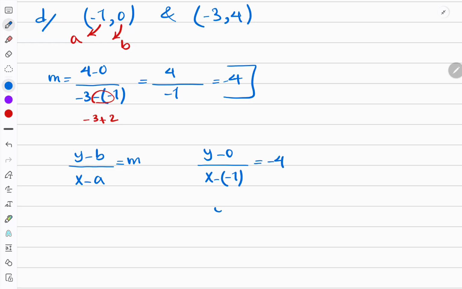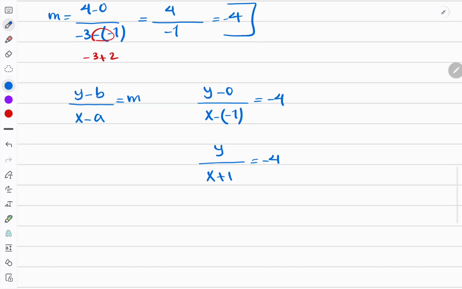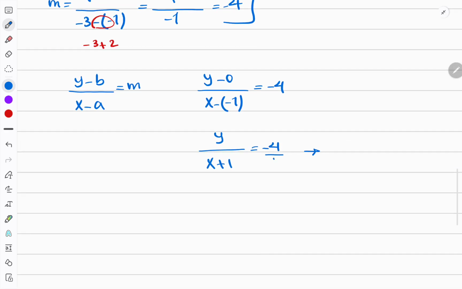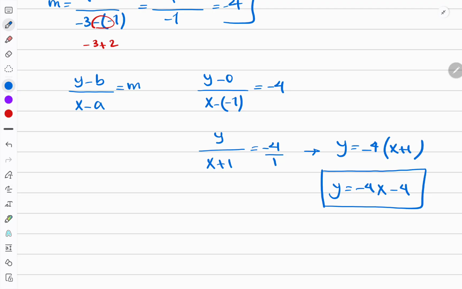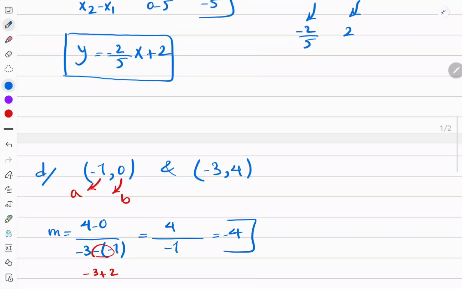So y over x plus 1 is negative 4. So y equals negative 4 times x plus 1. And distributive, we should multiply negative 4 by x and by 1. So this is the final answer, the equation of the line, y equals negative 4x minus 4.